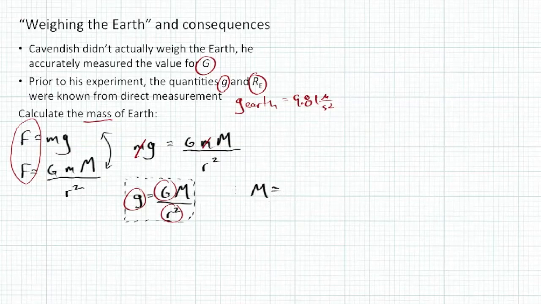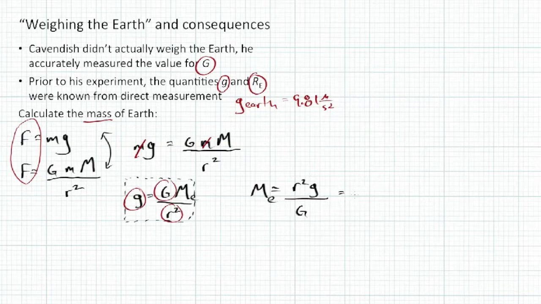Mass of the Earth. I should put a little e there. Or the capital M should indicate that that's the Earth, or the very large object. Would be equal to, let's see, we'll bring the r up and the g down: r squared times g, this is our acceleration g, divided by our gravitational constant, capital G. Now you probably have this r stored in your calculator.